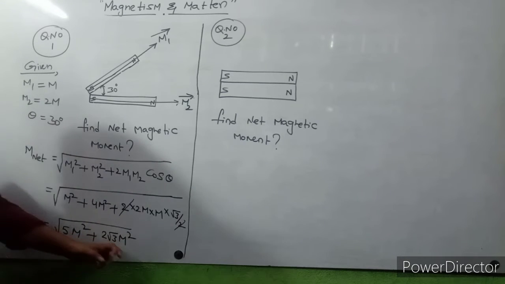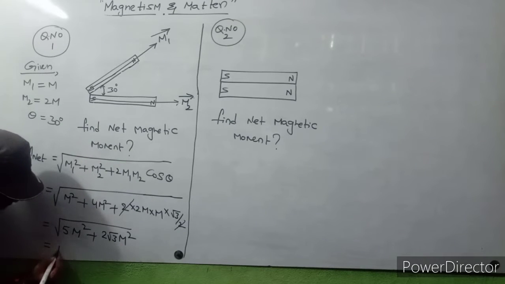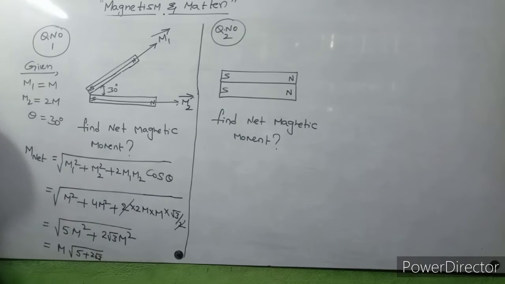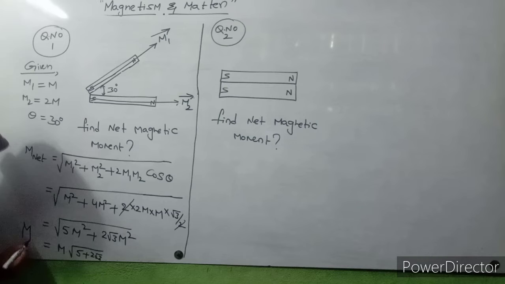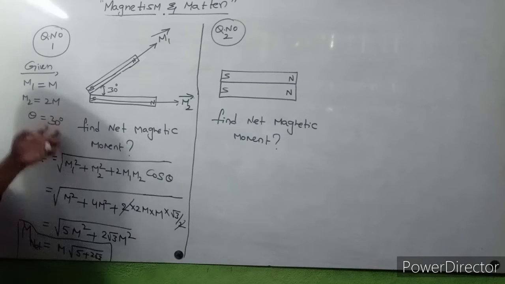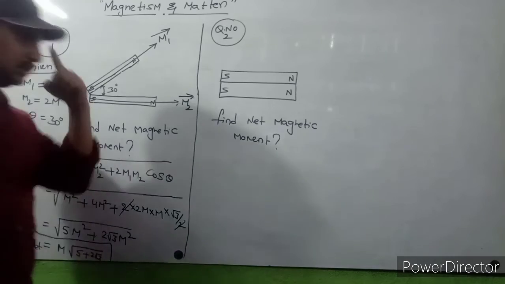Here m square is common, then we get m into square root of 5 plus 2 root 3. So this is m net. So this is the answer for this question. For theta 30 degrees, we get the answer m into square root of 5 plus 2 root 3. So this is the solution for this question.